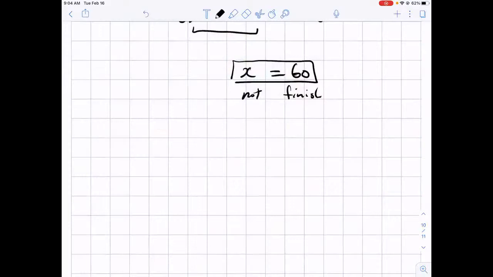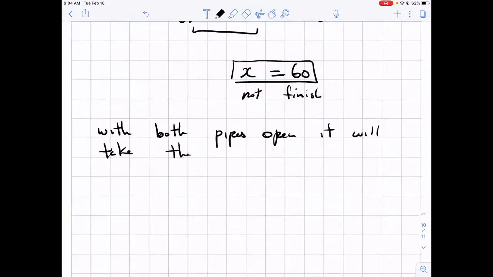So it will take the pool 60 hours to fill with both pipes open. And the answer is 60 hours.